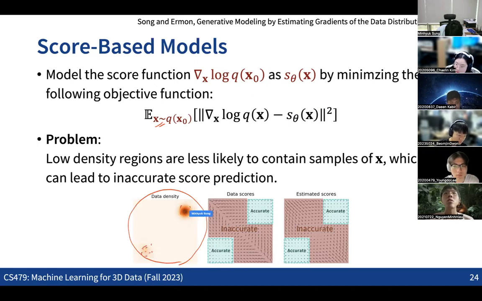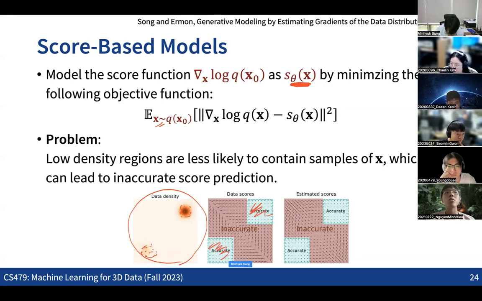This is like image generation, for example, where we have lots of real images that are samples from the data distribution. We train our score prediction network in a way that we can get an accurate score in these regions, right?